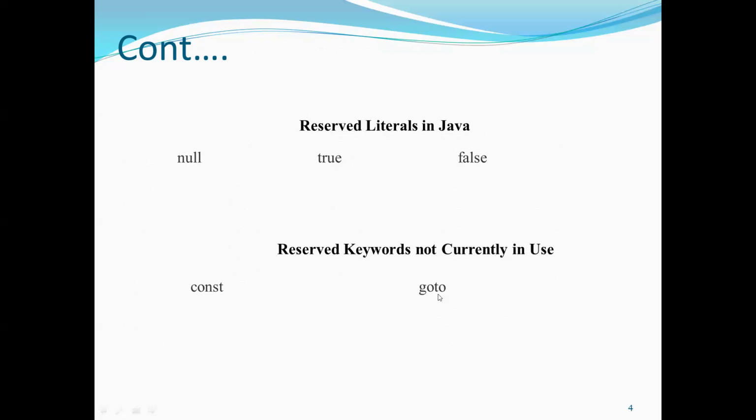That's why Java removed these keywords from use but still reserves them. So two keywords are not in use in Java, const and goto, and three literals, null, true, and false, are reserved in Java.